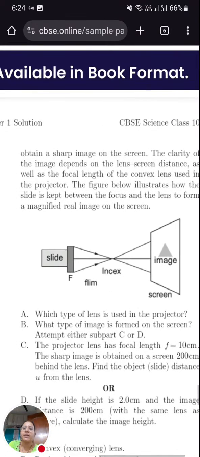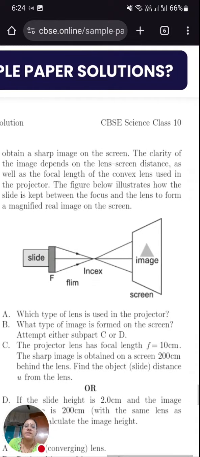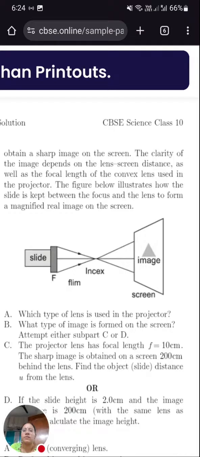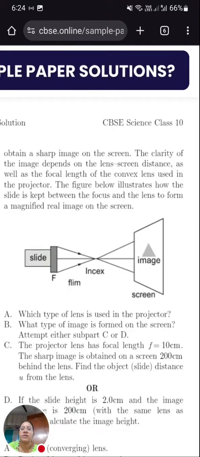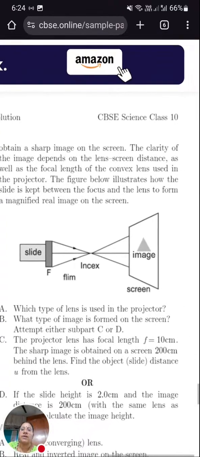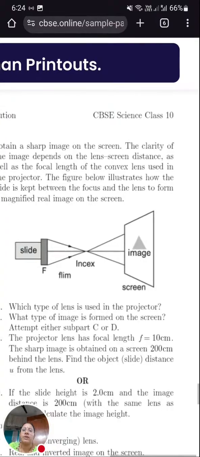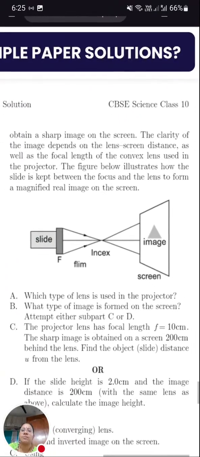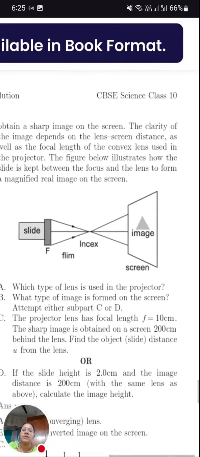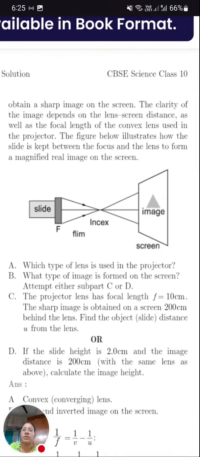The clarity of the image depends on the lens-screen distance, as well as the focal length of the convex lens used in the projector. The figure below illustrates how the slide is kept between the focus and the lens to form a magnified real image on the screen.